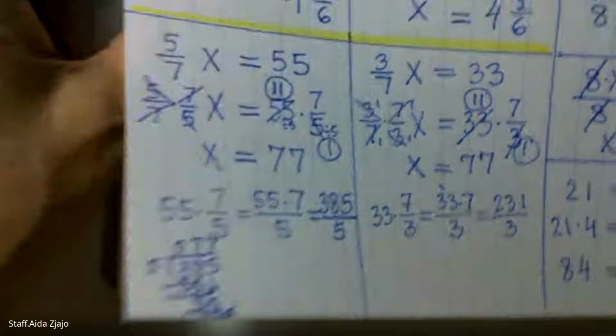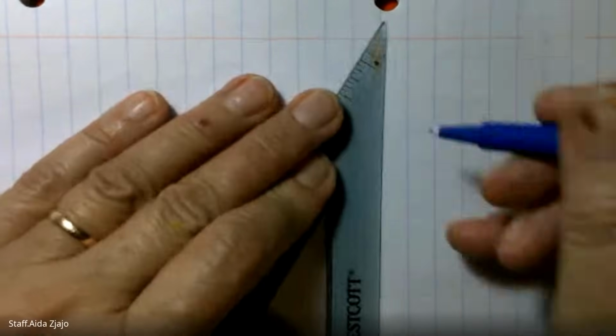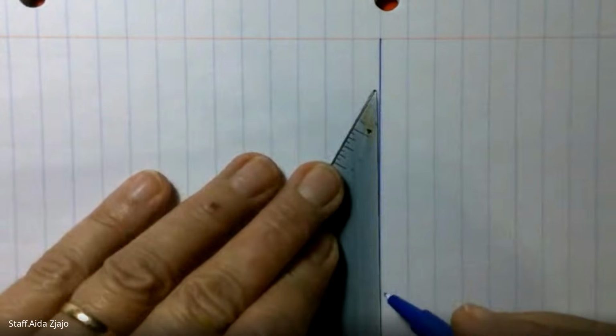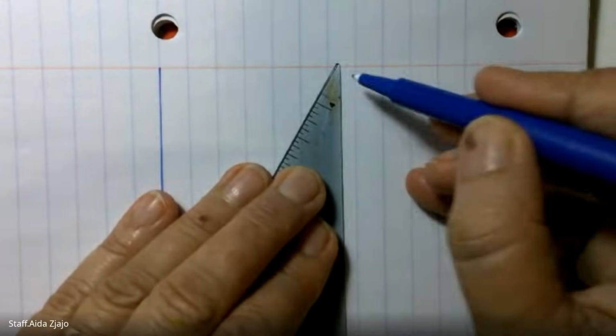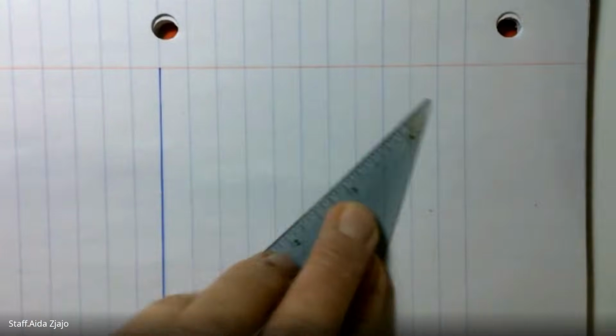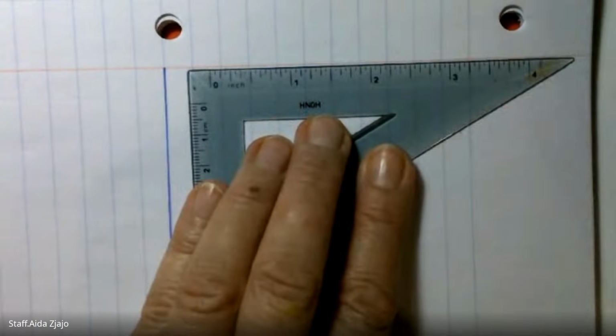We're going to do the next one. I'm going to use the same strategy. Have this make into halves, and then again half about there.